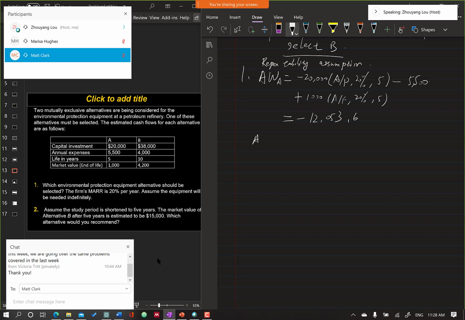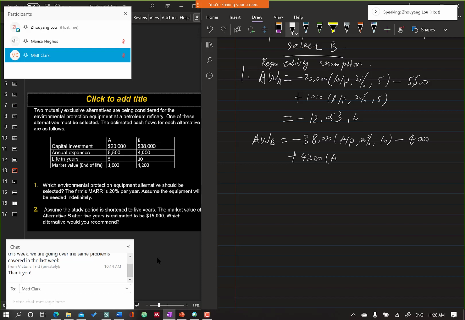Okay, so now we calculate annual worth of B, and that's just the same thing, but it's for 10 years. So for the first capital investment, convert to the annuity. Given the present worth, 20%, for 10 years, and the annual expenses 4,000, and then the market value 4,200.